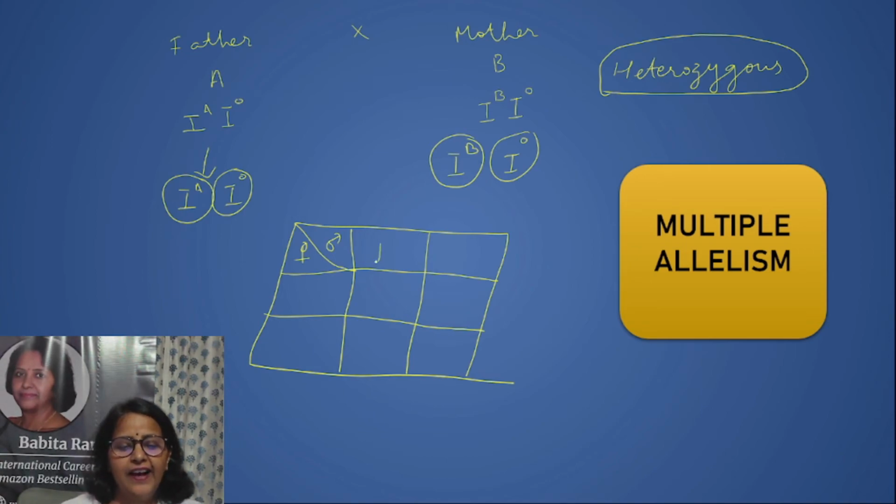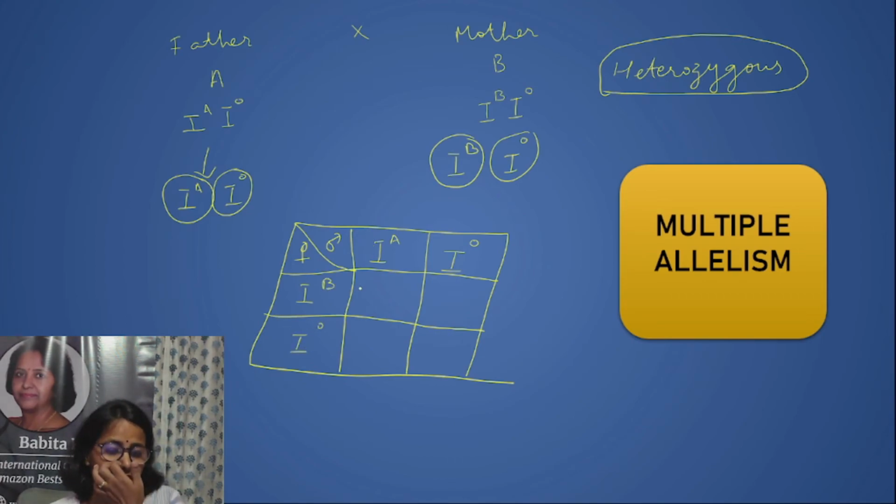Father was IA, IO, mother is IB, IO. So, what will be the genotype of the offspring? IA IB, IB IO, IA IO, and IO IO.